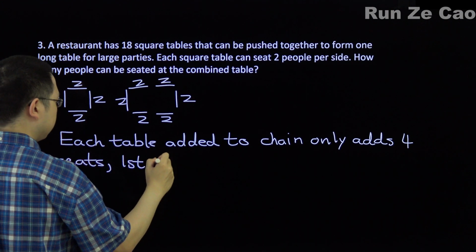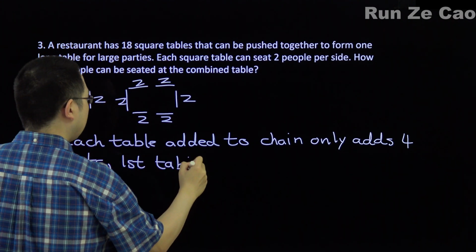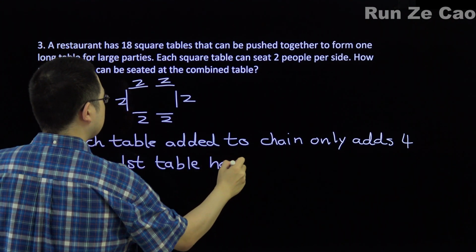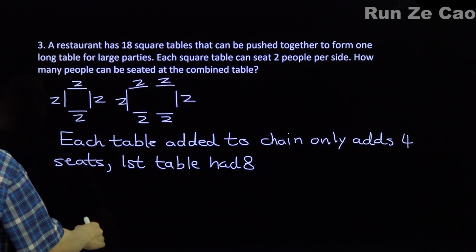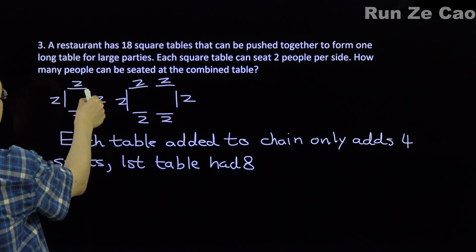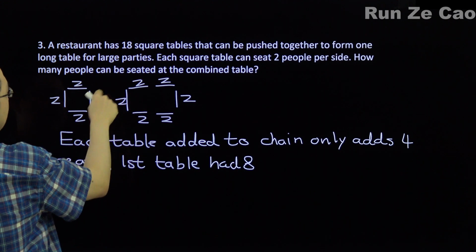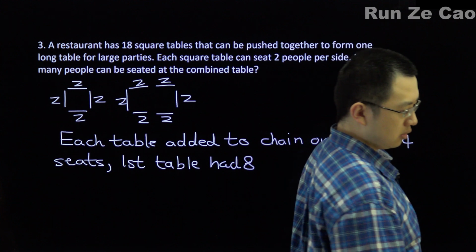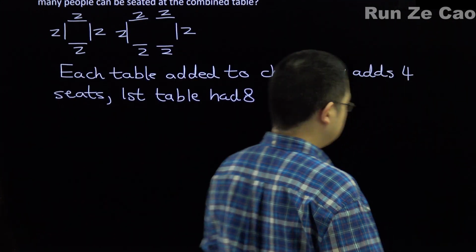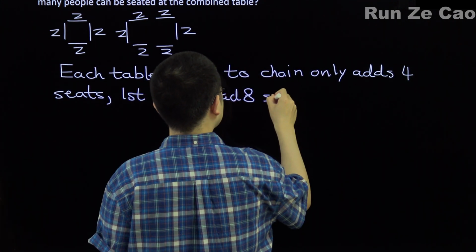The first table had 8 seats. Because you can think of it as sliding this side of the table out and just adding space for 2 more people on each side. Seats.